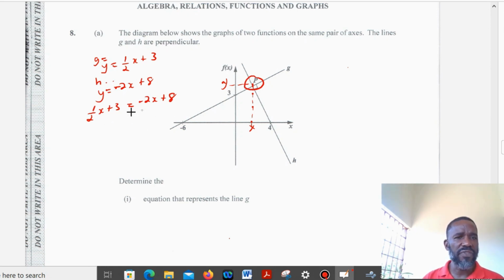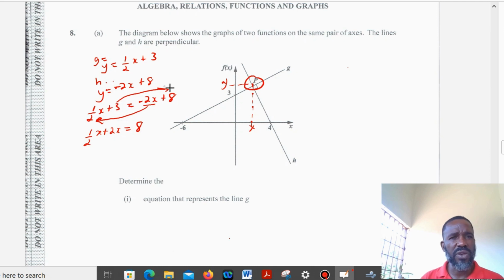In order for us to solve for x, we want to group like terms. So I'm going to take this negative 2x across to the left hand side, and I'm going to take the positive 3 across to the right hand side. So we have half x. A negative 2x, when it comes across the equal sign, becomes positive 2x is equal to 8.